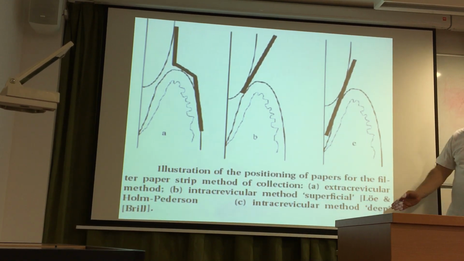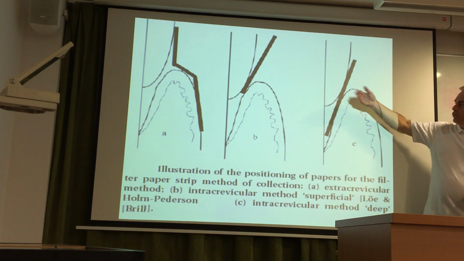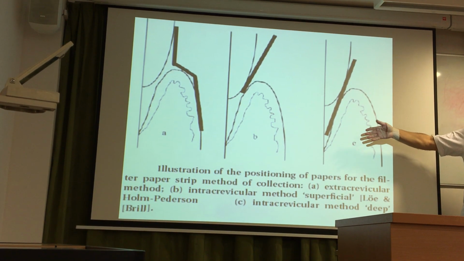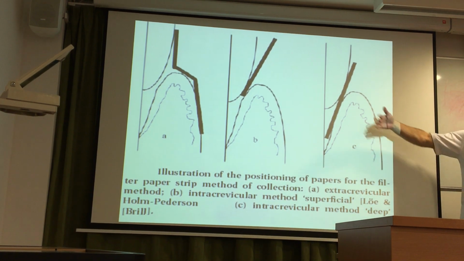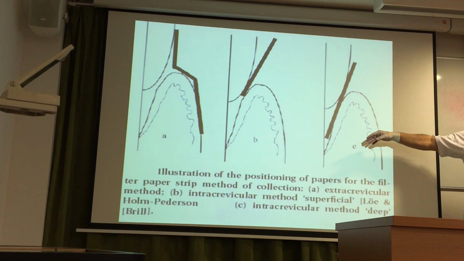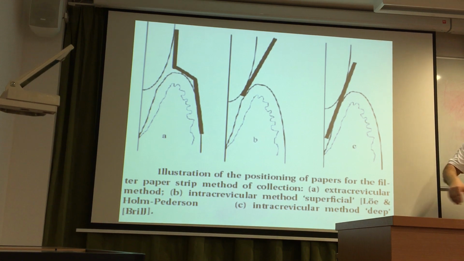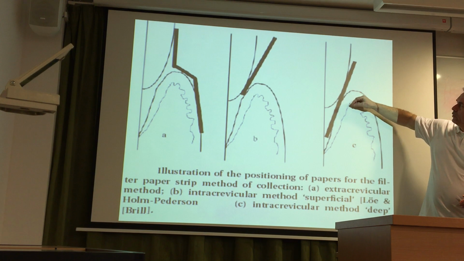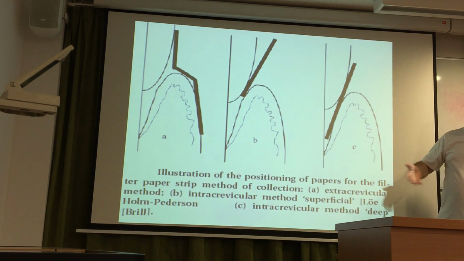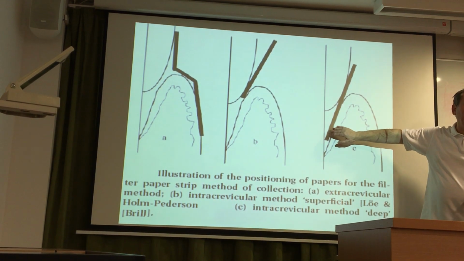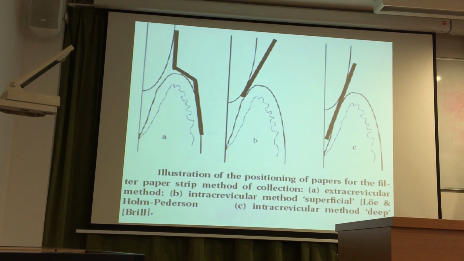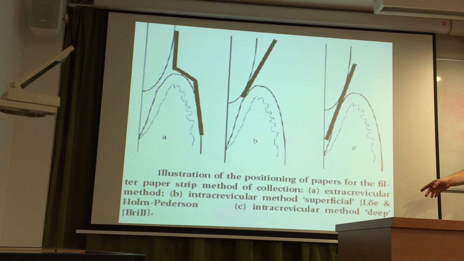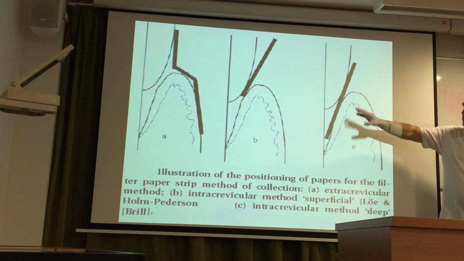When you insert too deeply, the problem is that you will generate extra production of the fluid. So it could be a false positive result, okay? False positive because you, as the examiner, will increase the production with mechanical stress. So extracrevicular, intracrevicular, superficial, and deep methods would be used.